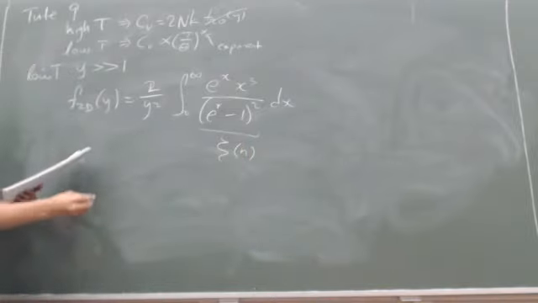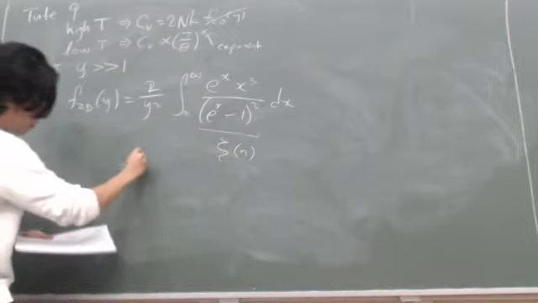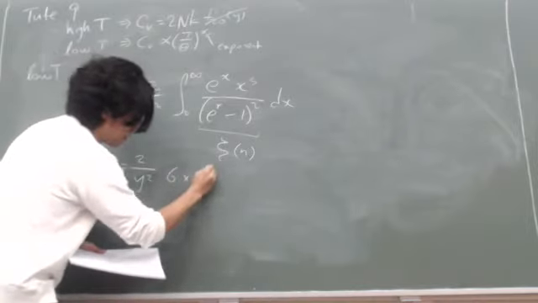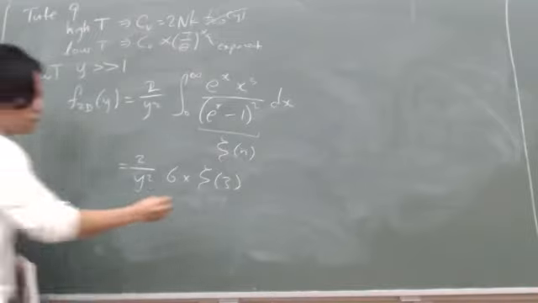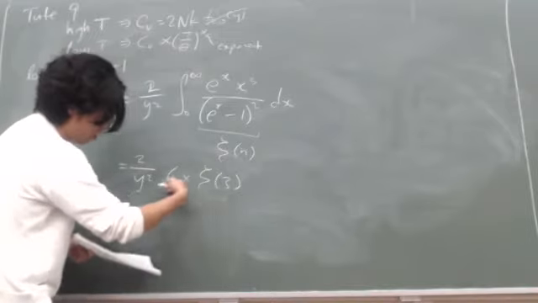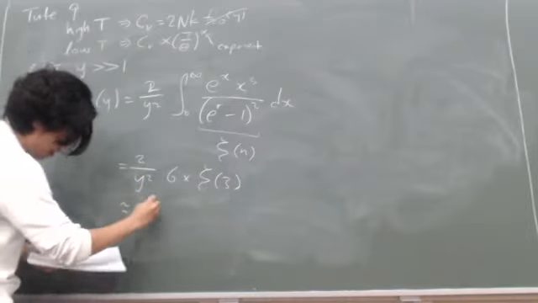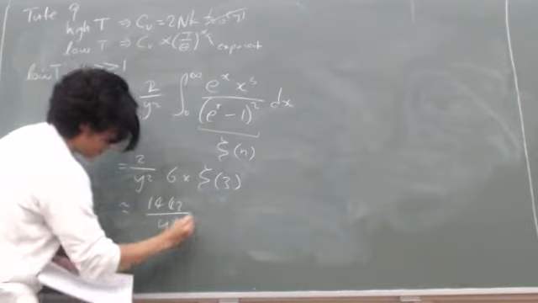In this case, it's the Riemann zeta function of the third order. So it's equal to 2 on y squared times 6 times zeta of 3. And zeta of 3 is approximately 1.2, so this whole thing is approximately, times by 2, about 14.42 divided by y squared.